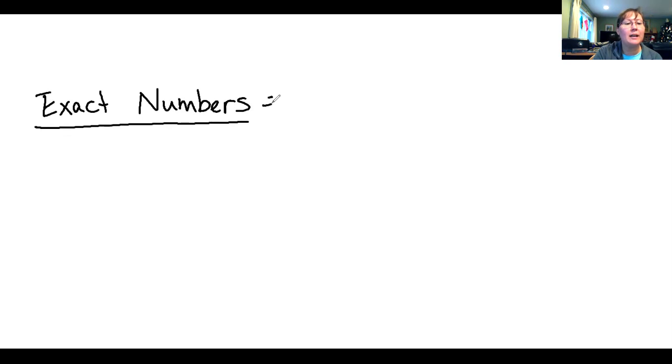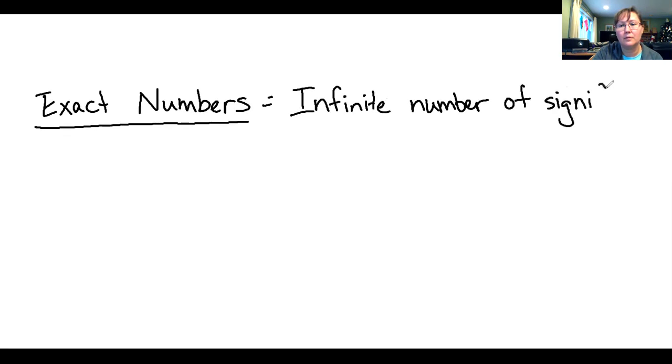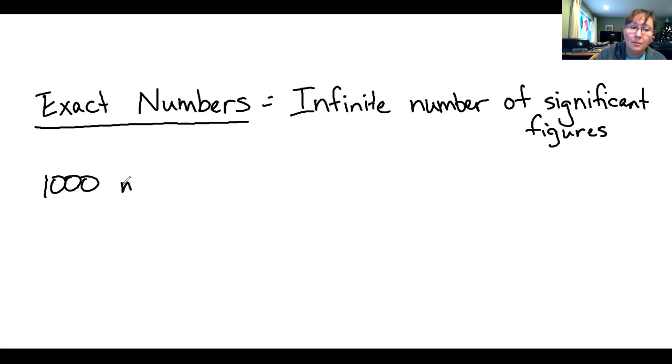An exact number is something that contains an infinite number of significant figures, because we are exactly or perfectly confident. Some examples are metric system conversions. 1,000 meters in a kilometer.